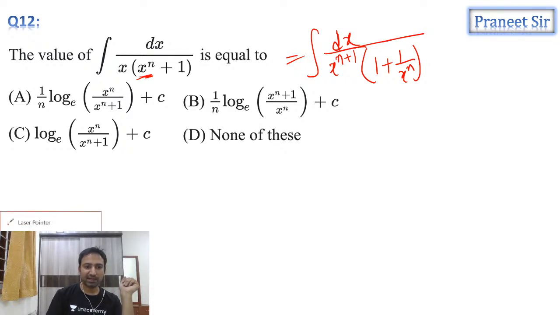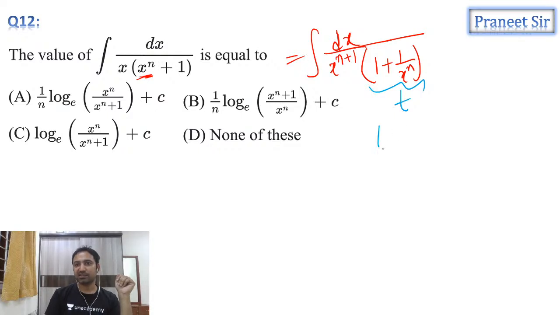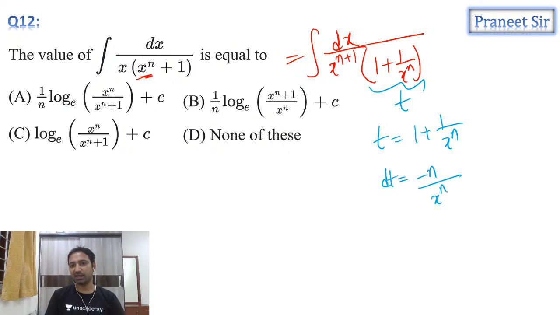Now if I take substitution, if I take this as t, that is t is equals to 1 plus 1 by x power n. If I differentiate it, it is going to be dt, and this is minus n by x power n plus 1 into dx. But see here guys, suppose minus n is there, then this whole thing we call it as dt only.